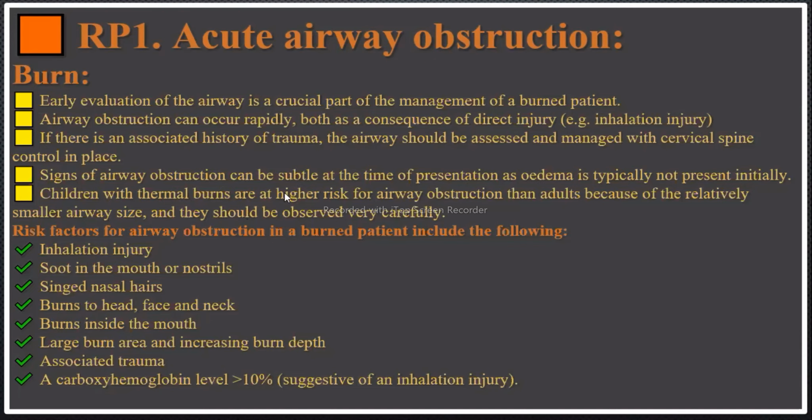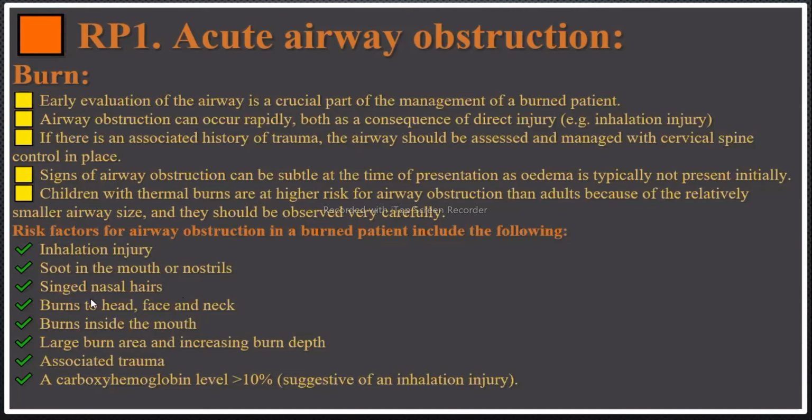Children with thermal burns are at higher risk of airway obstruction than adults because of their relatively smaller airway size. Risk factors for airway obstruction in a burn patient: if the patient has a burn, he has a high risk of airway obstruction because of inhalational injury. If you find in the scenario soot in the mouth or nostrils, it's inhalational injury.